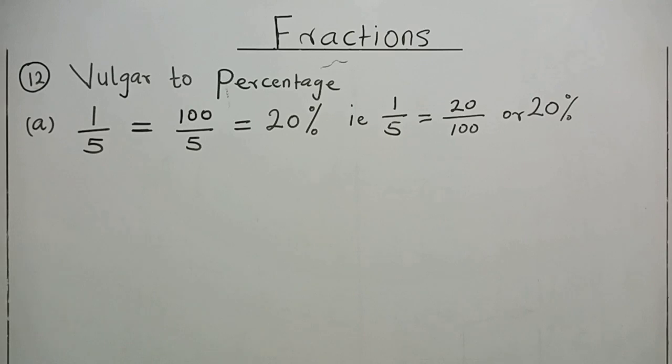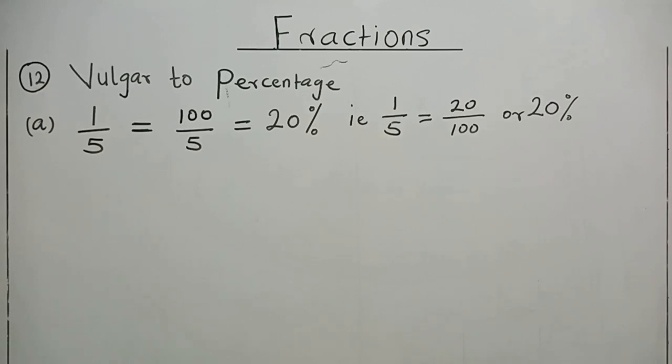Okay, let us see another example that will help us find out if there is going to be a formula for converting vulgar fraction to percentage fraction. Let me convert 3 over 5 to percentage, and perhaps from the process we derive a formula for converting vulgar to percentage.